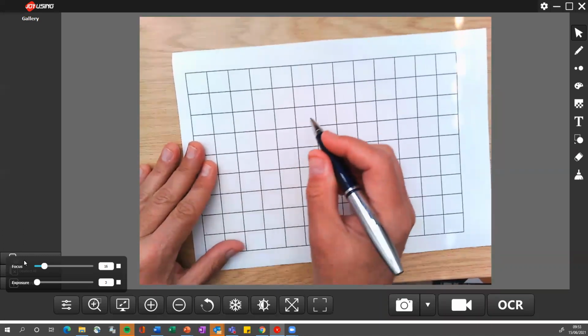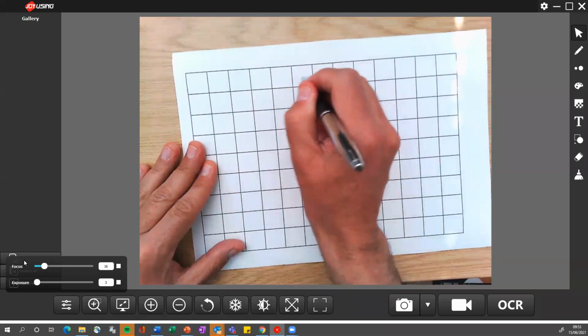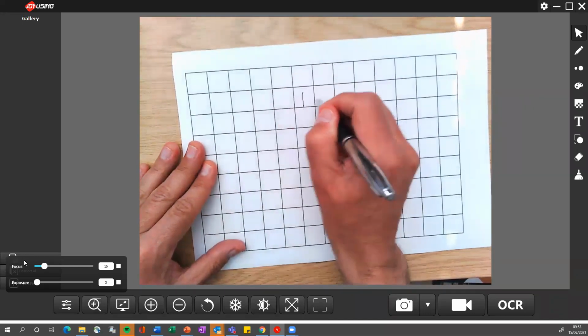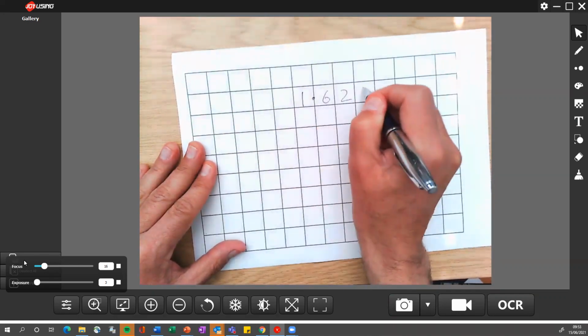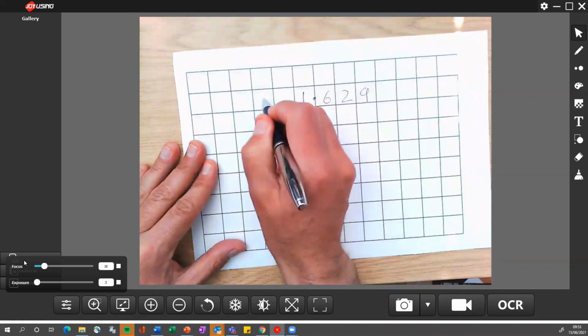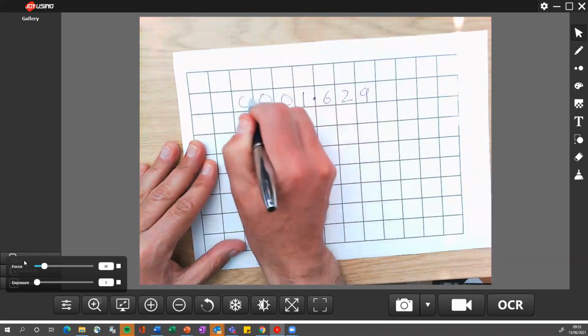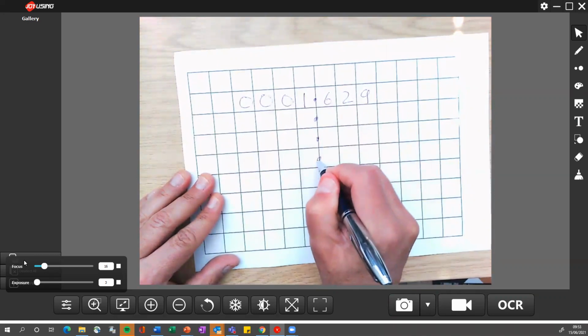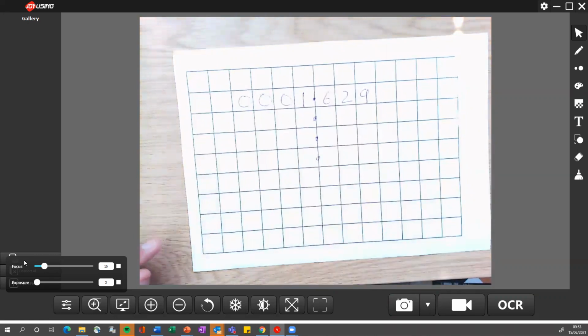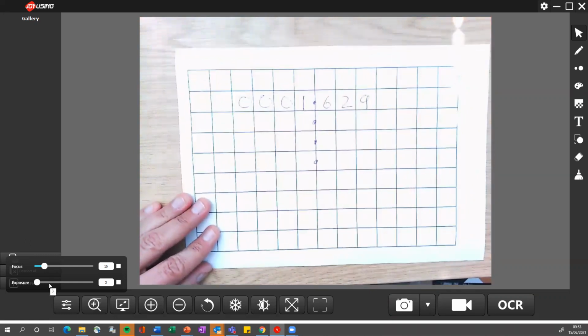So our number was 1.629. We're going to add some zeros in as well. We'll pop 3 in. This time, let's keep the decimal points there.